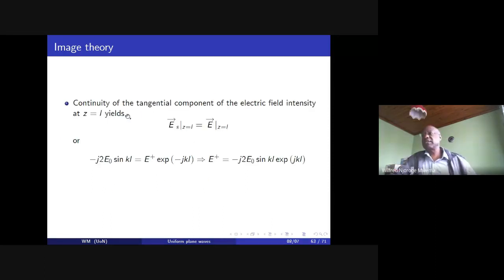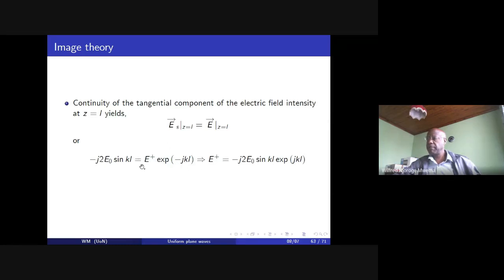So continuity of the tangential component of the electric field intensity at z equal to L requires that the amplitude of the standing wave must be equal to the amplitude of the forward moving wave at z equal to L. Or in other words, if we replace z by L, then we get that E naught sine kL must be given by E plus times the exponent of minus jkL.